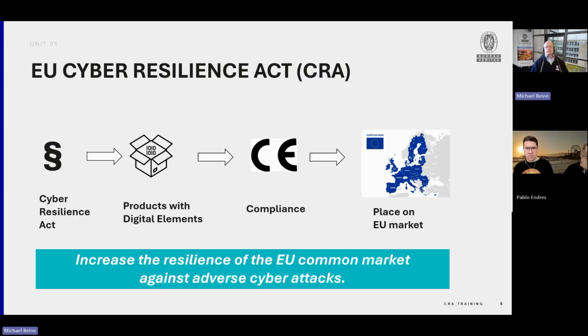So that is an extension of the scope of the CE mark to also take cybersecurity into view. And as I said, it's a market entry regulation in Europe. Before products are placed on the market, they need to go through this compliance procedure and ensure that they meet the requirements of cyber resilience.